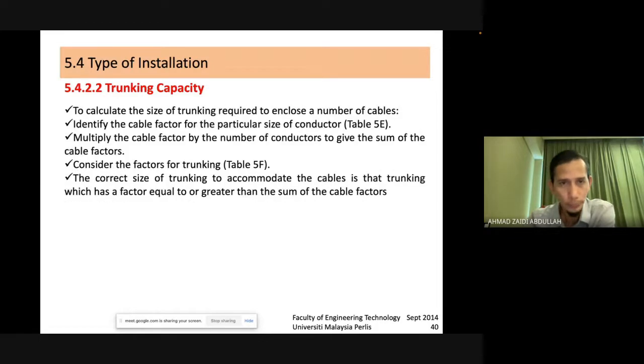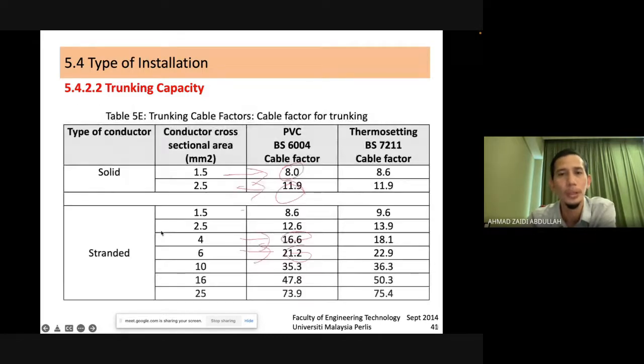Okay, so to determine the trunking size, there is also a table. To determine the size of trunking, we require the number of cables enclosed. We identify the cable factor, the same as for the conduit earlier. So we multiply the cable factor with the number, then consider the factor for trunking, and then we determine the correct size. So for example, table 5E is for trunking.